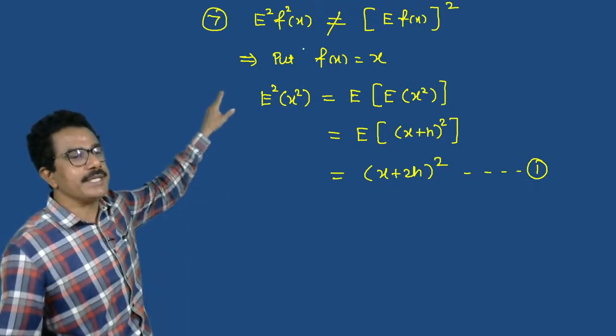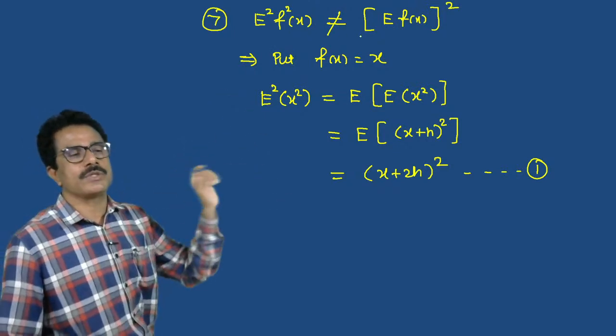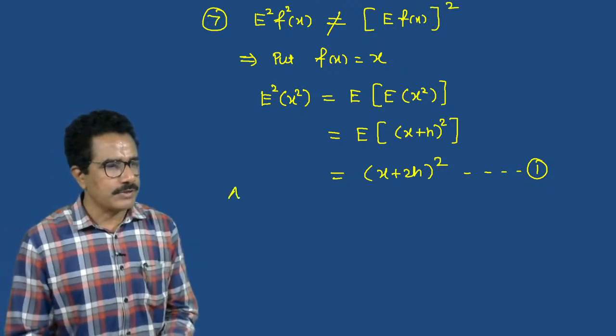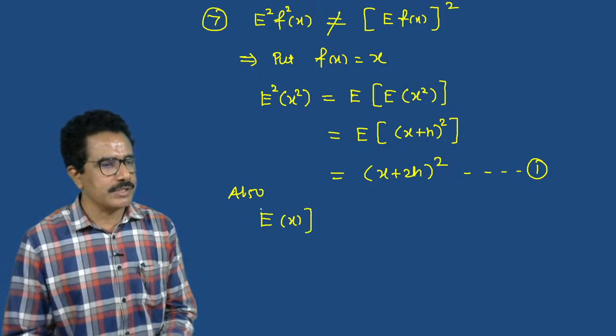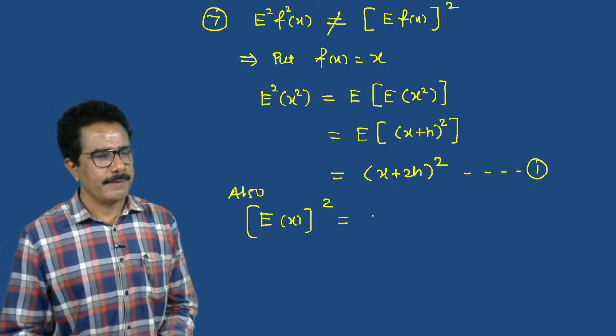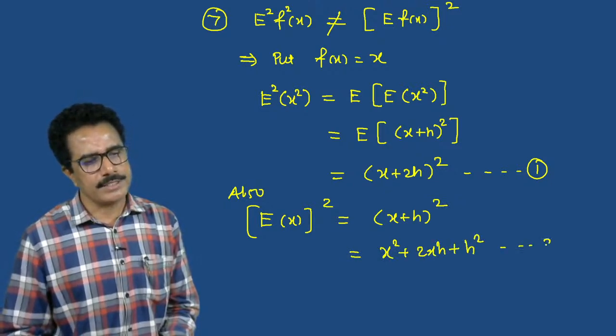I am proving this result, E square f square of x is not equals to E of f of x bracket square. Now also, take the right side, E of x whole square, which is equals to E of x means x plus h bracket square, that can be written as x square plus 2xh plus h square. This is the second.